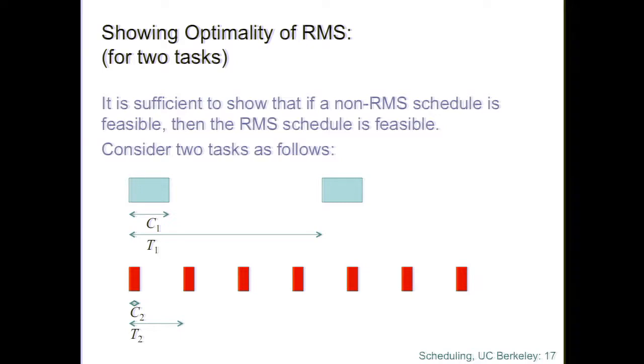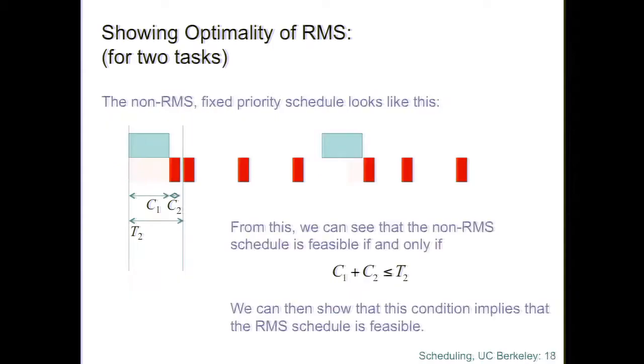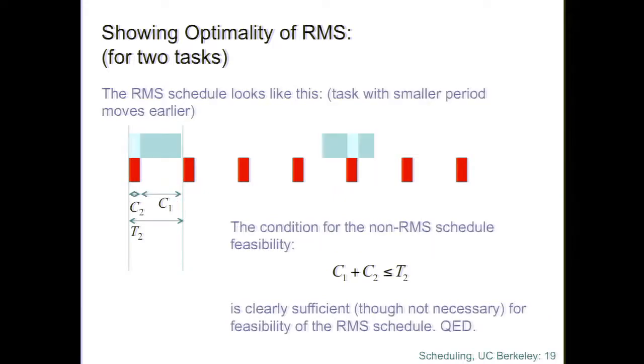Okay? So that's something we can prove. So this is the condition. This is a necessary and sufficient condition for the non-RMS schedule to be feasible. And all we have to do is show that this condition implies that the RMS schedule is feasible.